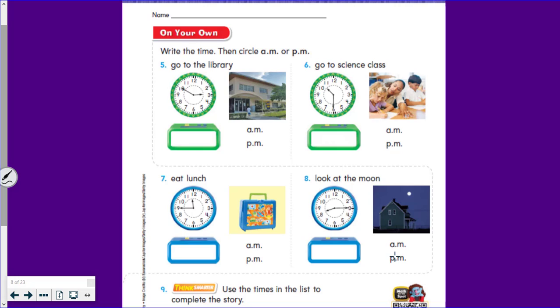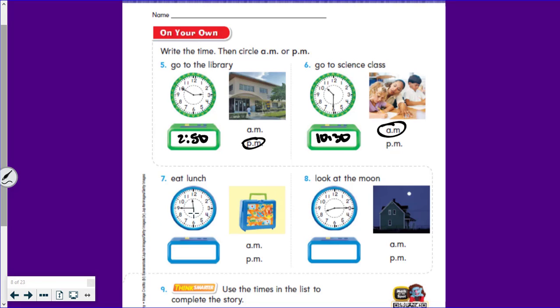All right, so this first clock here is showing, let's see, the hours 2:50. And it looks like they're getting out of school, so it's going to be PM. The next clock shows 10:30. And I know it's not 10:30 PM because we'd be sleeping, so it's 10:30 AM.